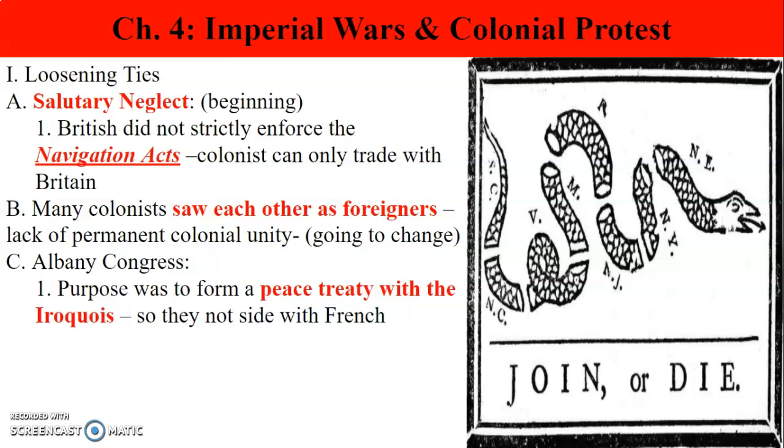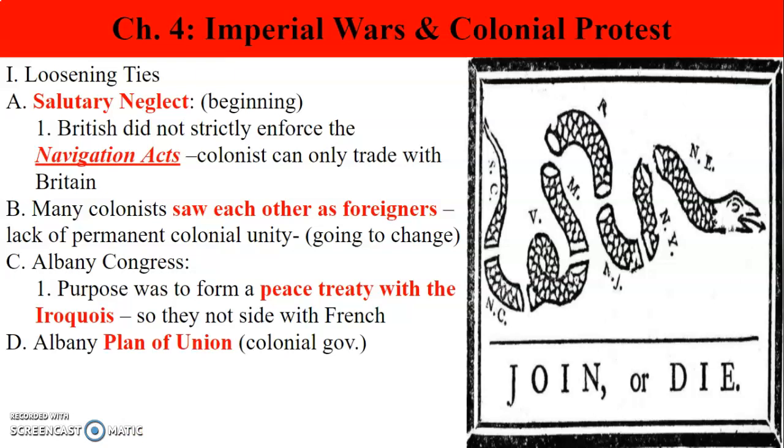We already were having a lot of trouble with Native Americans over land, and we knew that the Native Americans had a better relationship with the French, because, remember, the French treated them better because they actually respected their culture. We knew that was going to be a problem if we wanted to get more land. So the Albany Congress tried to create peace with the Iroquois, the tribe in the upper New England colonies, so that they wouldn't side with the French in all these wars that we're having.